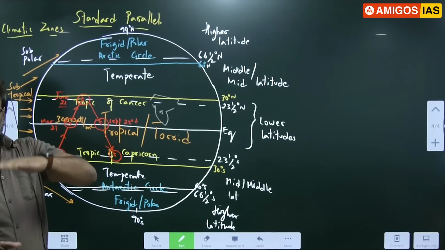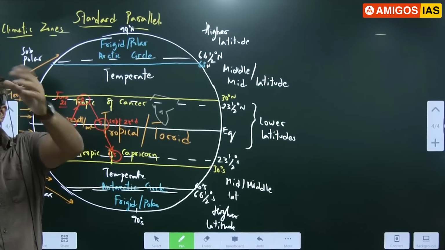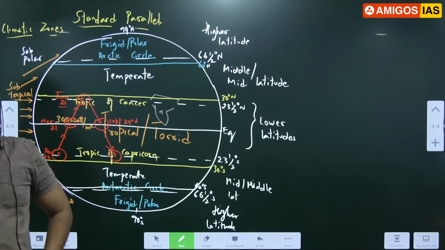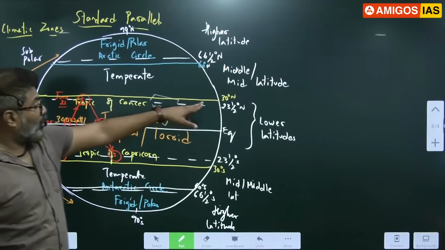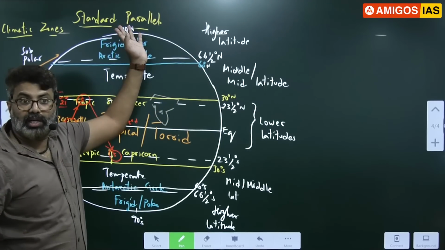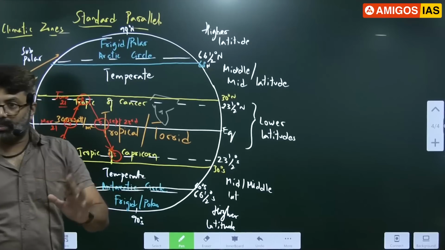So the areas closer to equator are called as lower latitude. Areas closer to the poles are called as higher latitudes. In the middle is called as middle latitudes. Next class onwards, when I say middle latitude, you should know I am talking from 30 to 60. 60 and above is called as higher. 30 to 0 is called as lower. Clear?